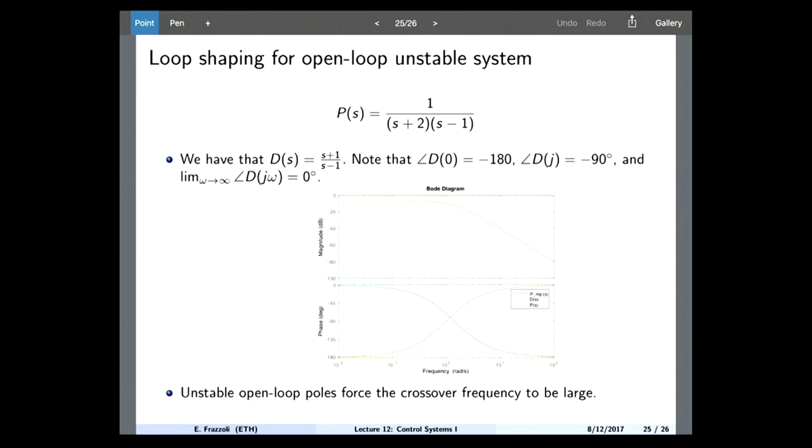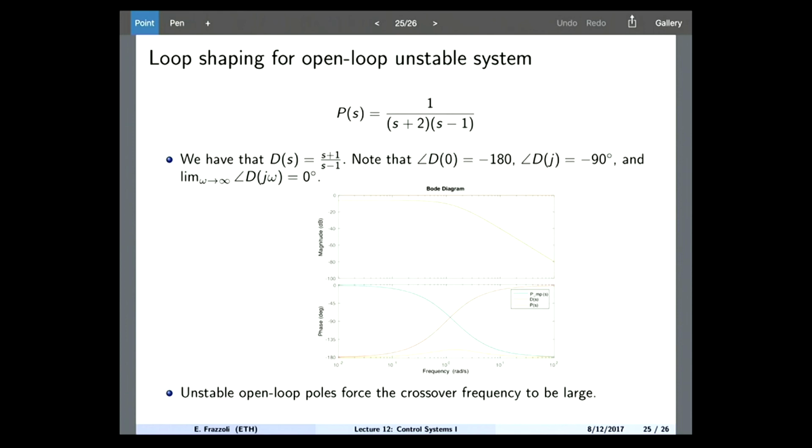Conversely, what happens when I have an open loop unstable system? Do exactly the same thing. What you will see is that now the contribution of my Bode diagram is to give me a massive phase lag at low frequencies.